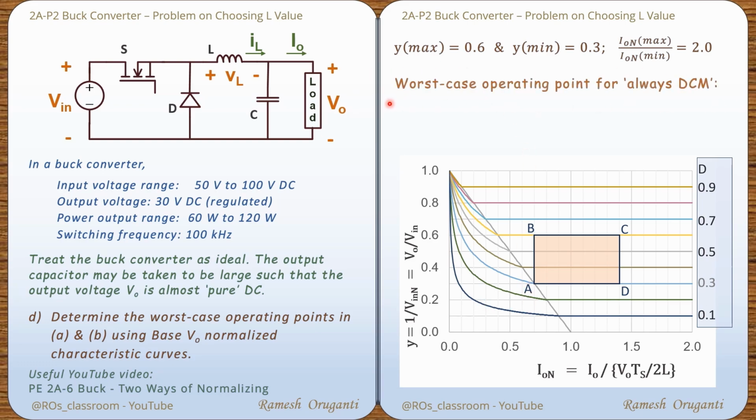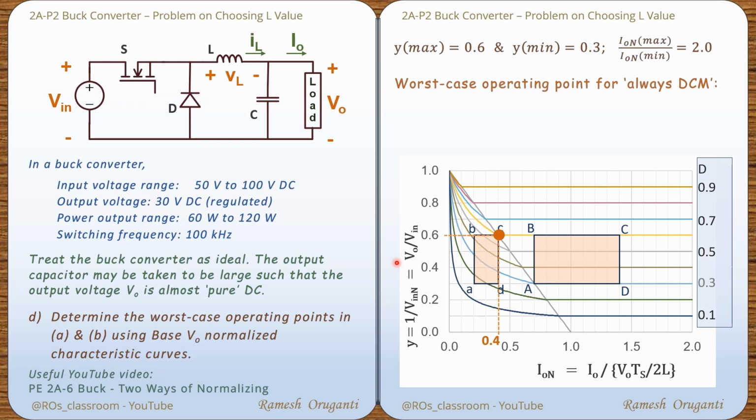So we are going to draw another rectangle, small a, small b, small c, small d. This time all within the DCM region. And the worst case now is point C, the lowercase c. And that is placed in such a way that it just touches the boundary. And that is indicated by this red dot.